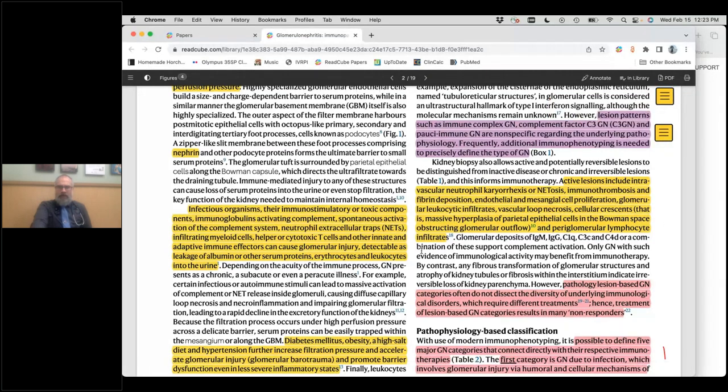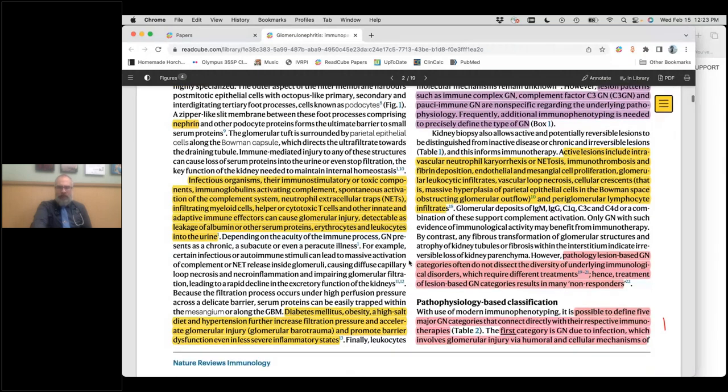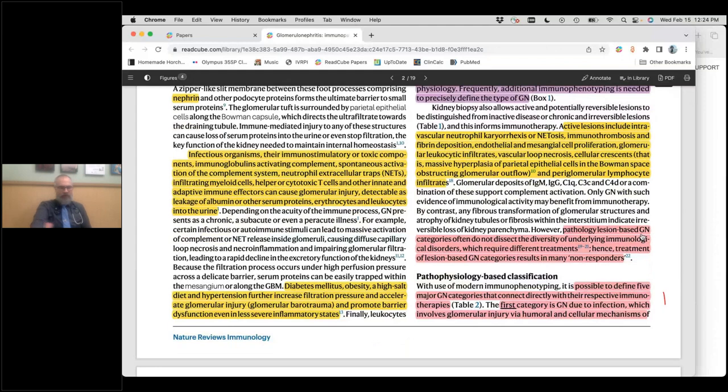And so I liked this quote here: pathology lesion-based GN categories, which is really how we look at things, membranoproliferative, membranous, angioproliferative, often do not dissect the diversity of the underlying immunologic disorders, which require different treatments. And hence, treatments based upon those categories may result in many non-responders.